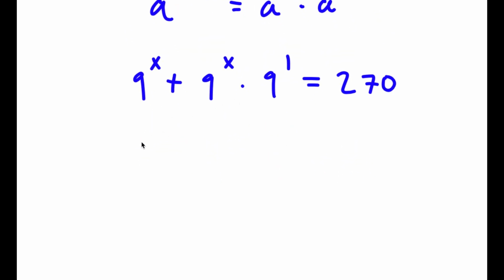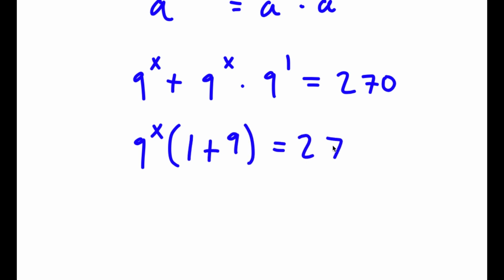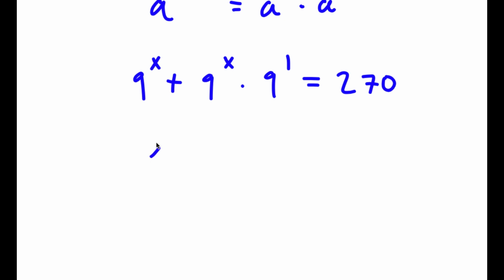Now, if I factor out 9 to the power of x from here, I get 9 to the power of x times 1 plus 9. Sorry, actually, instead of doing that, I'm actually going to let 9 to the power of x equal to the variable m.